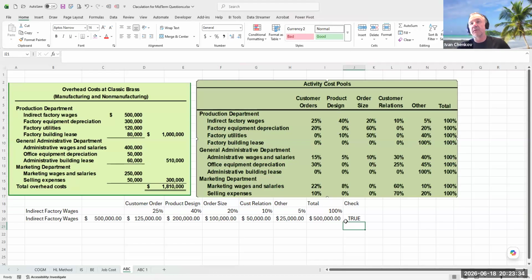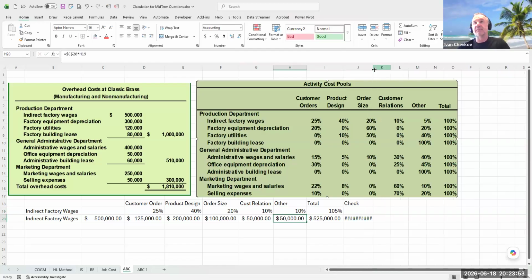Or you can put the number as a dollar amount, as a simple difference minus this one. In that case, if somewhere you don't apply the proper percentage, let's say you transpose 10% instead of 5% here, boom, on the check side, it's going to show you, oops, you have a mistake.